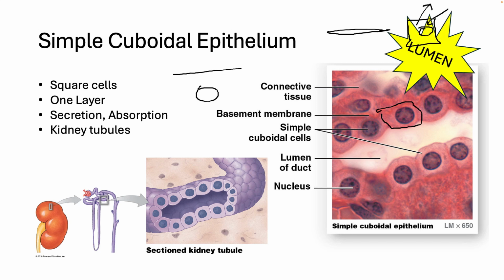A lumen is really any open space inside the body. You can have a lumen in the stomach, in the intestines, and here in these kidney tubules. So it's sort of an empty space in the middle, and you're either making stuff and secreting it into a lumen, or you're taking whatever's in there and absorbing it out of the lumen.